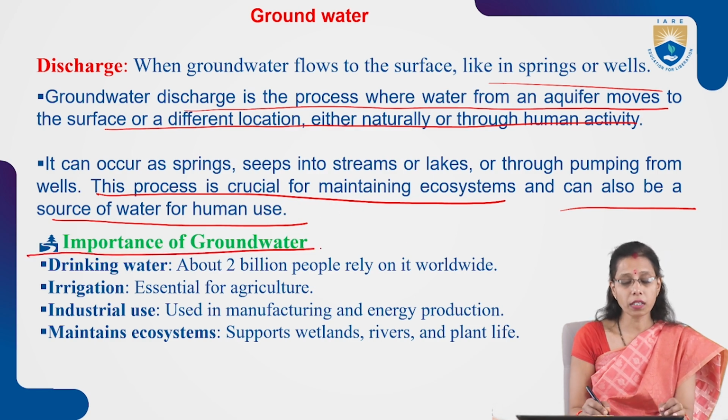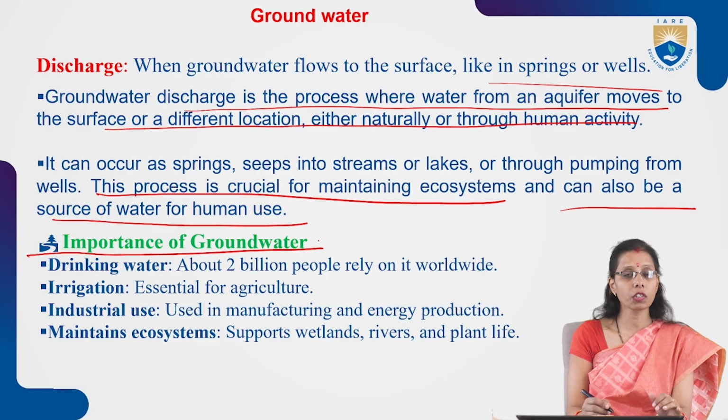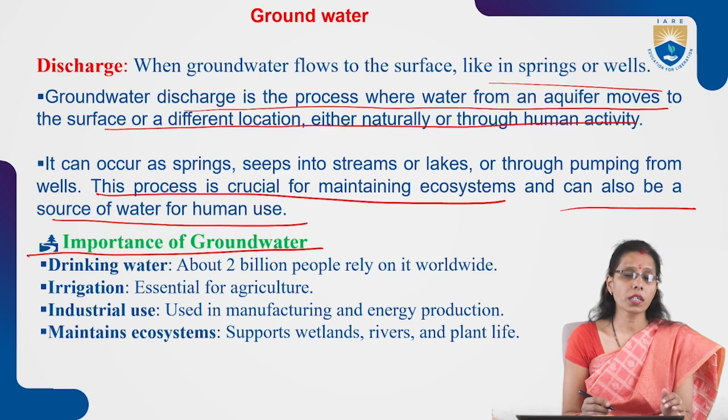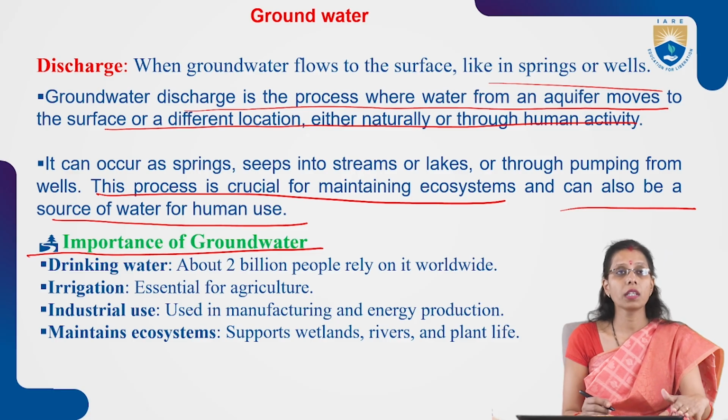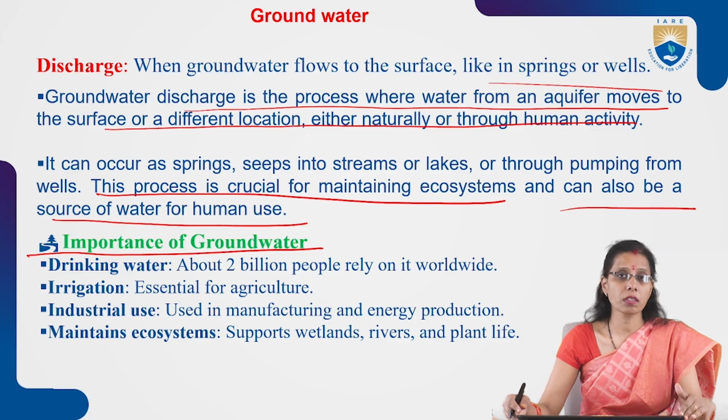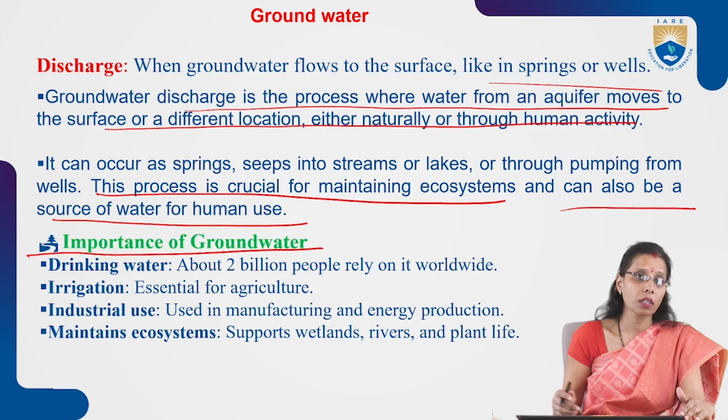Now, what is the importance of groundwater? So, as we know, water, or groundwater, is very, very important for all species. Here we say all the living beings, or else non-living uses also, like industrial activities or cropping and all, for which water is required.